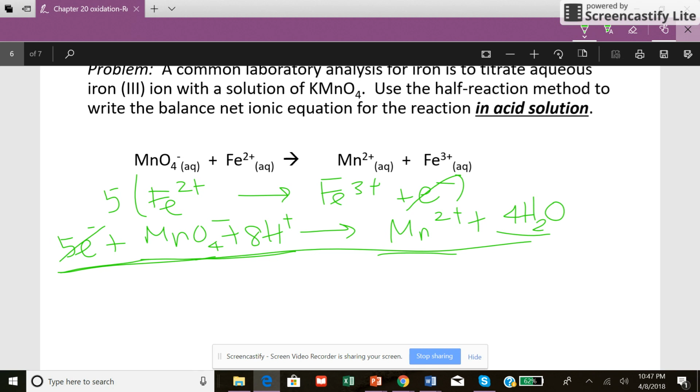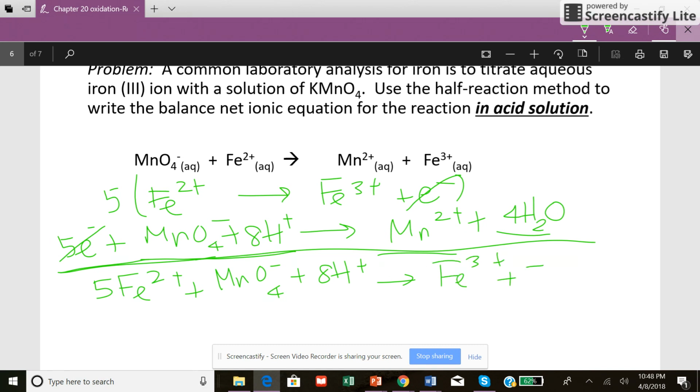Add the two equations together. You have 5 Fe2 positive, and then you have MnO4 minus, and then you have 8 H plus, and then this would give rise to 5 Fe3 plus, and then Mn2 plus, and then 4 water.